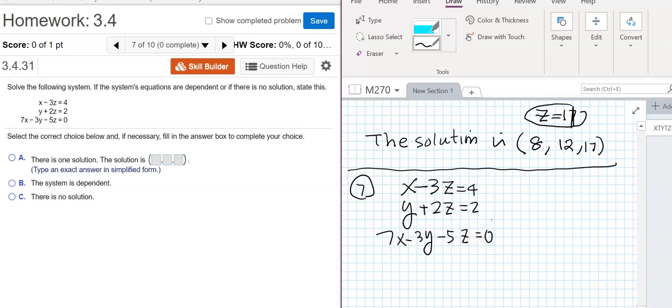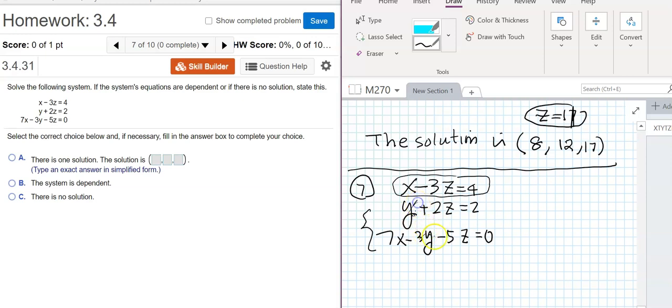If I look at this, the first equation is just in terms of x and z, isn't it?